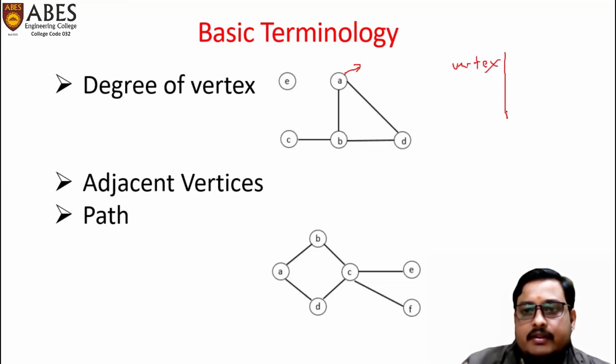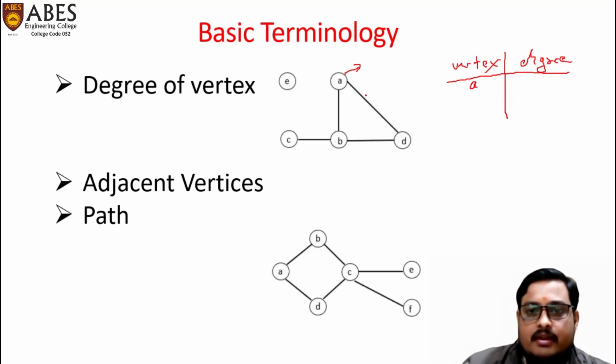So we can create one table like this. Here we have vertex, and here we have degree of these vertices. So let's take example as A. There are two edges connected to A. So the degree of A is 2.